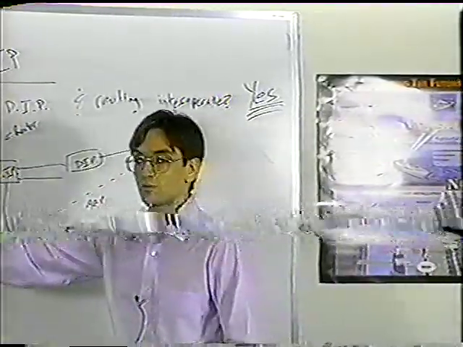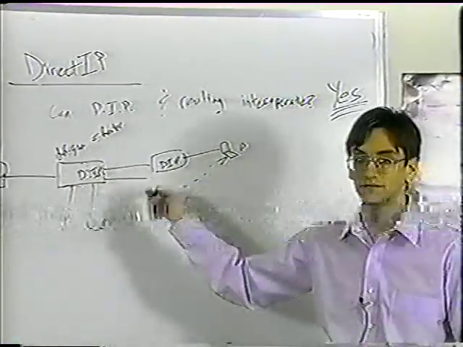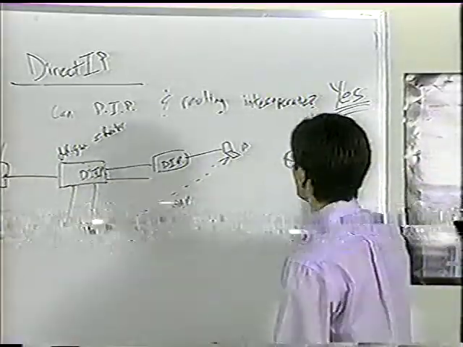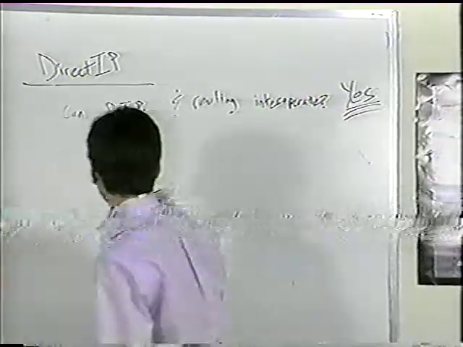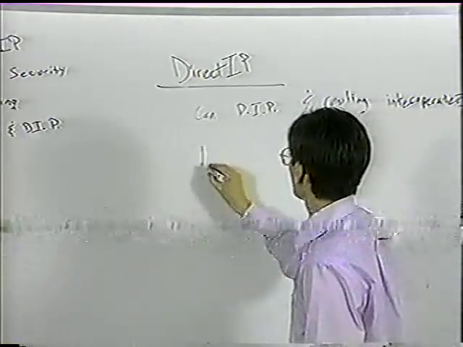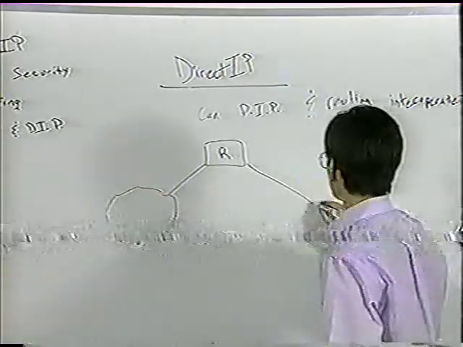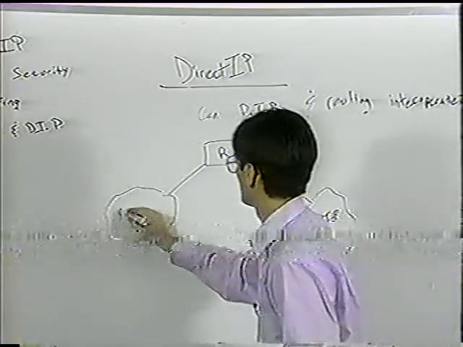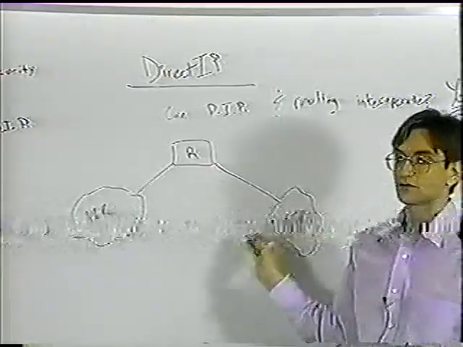So this is one example where there is a WAN connection and a direct IP side of the network. Another example is, what if we want to have two direct IP networks interfacing across a router?